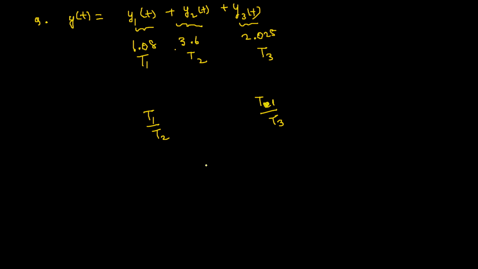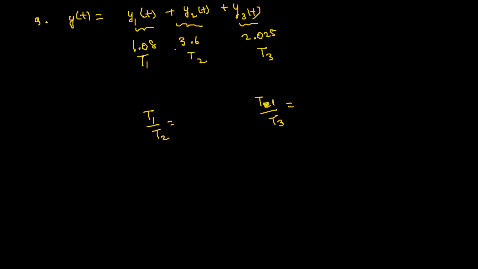Upon dividing both of these and simplifying it to the simplest form, we need to see if we actually get rational numbers. And if we are getting rational numbers, that means yes, the period does exist. So both t1 by t2 and t1 by t3 need to come out as rational numbers.